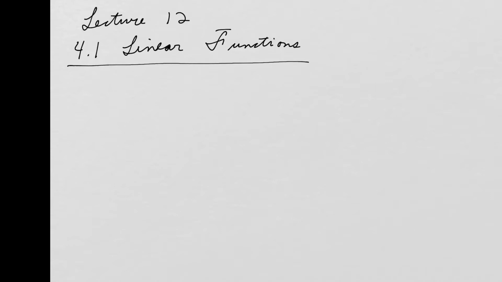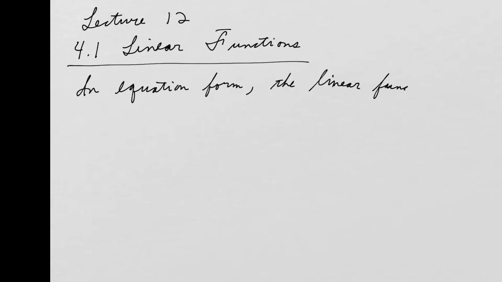Okay, so linear functions. Let me define what a linear function is. And this is probably something that you guys are fairly familiar with, maybe more familiar than some other topics. So in equation form, the linear function is y equals mx plus b.